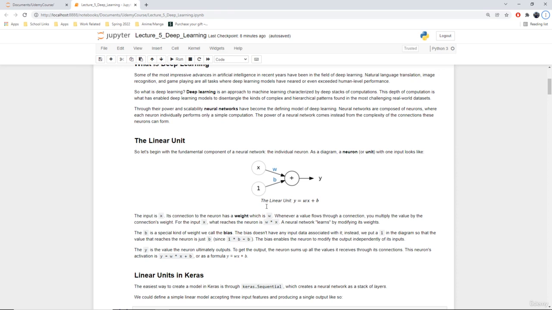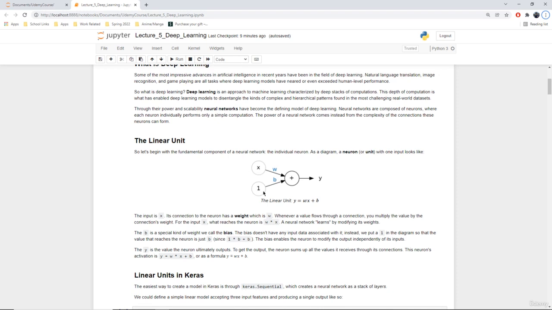So, starting very simple, we have the fundamental component of a neural network, which is the individual neuron. Diagrammed, a neuron might look like this. By the way, we call this fundamental component a linear unit. You might hear something about a linear unit. It's essentially a neuron.